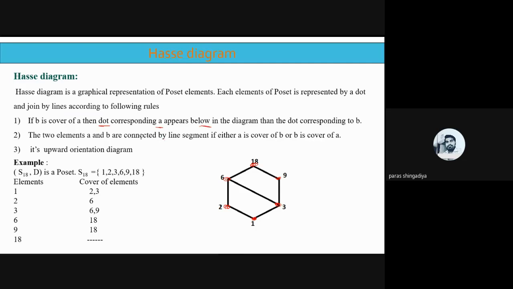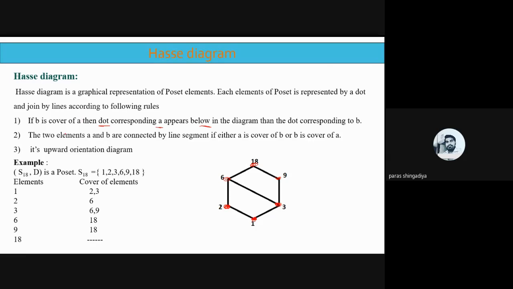So 2 is the cover of 1. So we consider the dot corresponding to 1 appears below the dot corresponding to 2. Clear? Similarly, 3 is the cover element of 1, then the dot corresponding to 1 appears below the dot corresponding to 3.